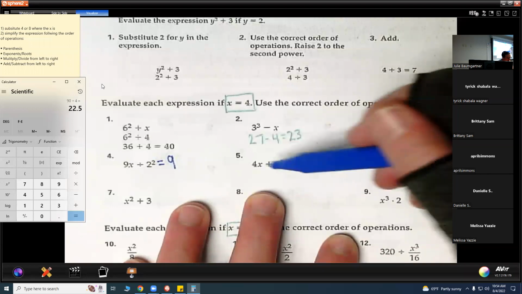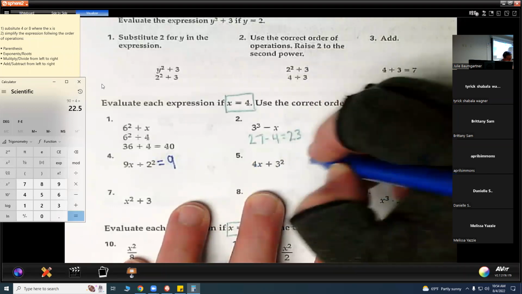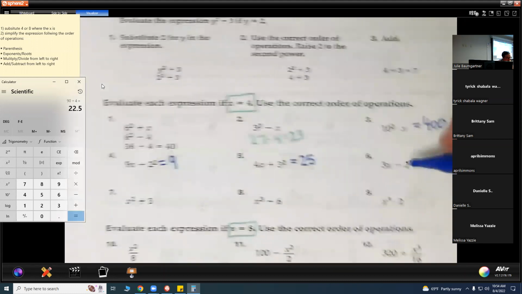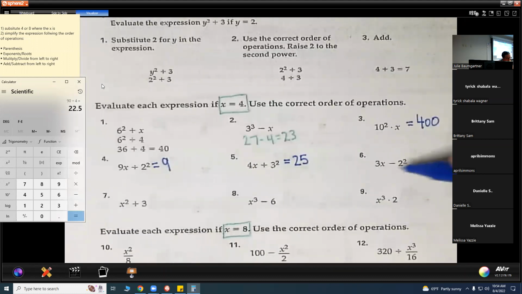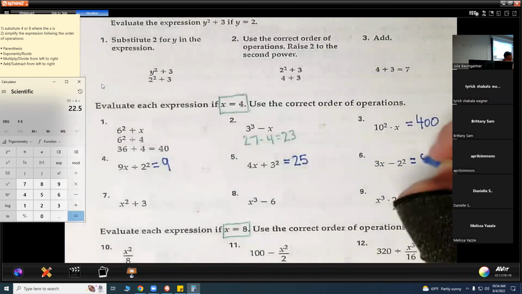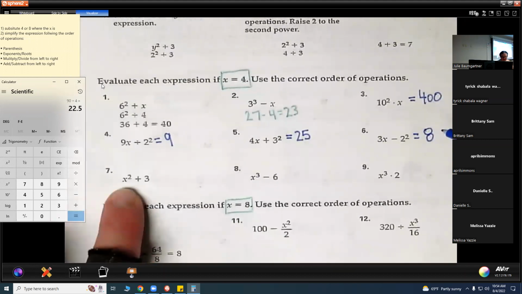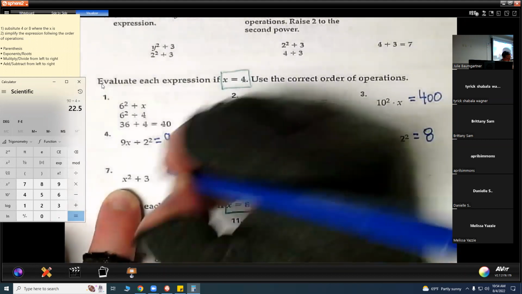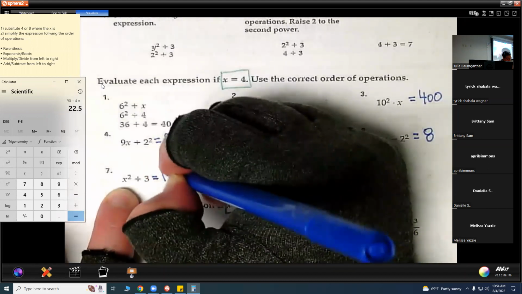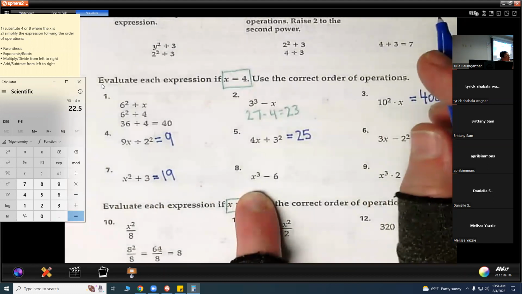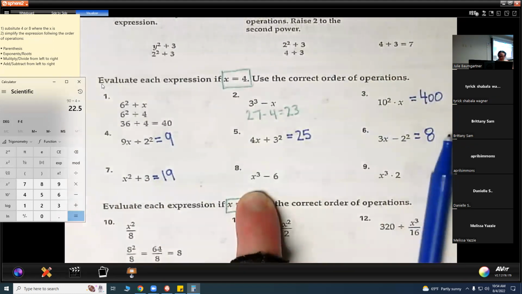3 squared is 9. 4 times 4 is 16. So 16 plus 9 is 25. Here, 2 squared is 4. 3 times 4 is 12. So 12 minus 4 is 8. Number 7. 4 squared is 16. 16 plus 3 is 19. Let's see, 4 cubed. 64?